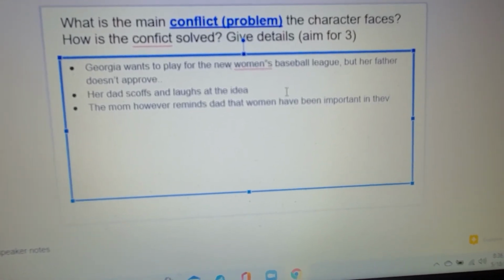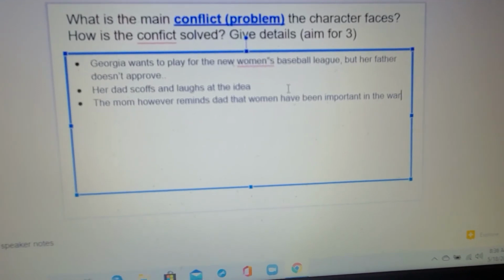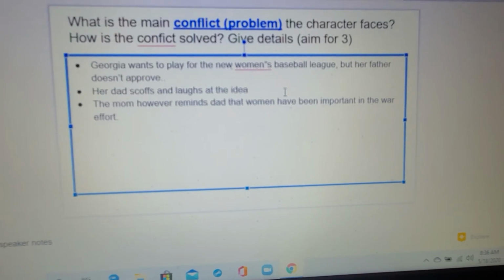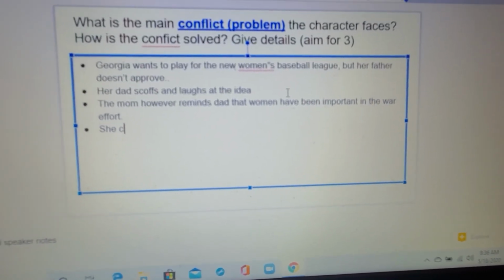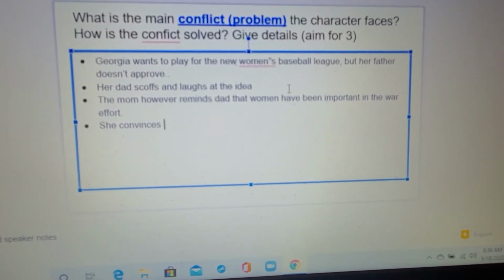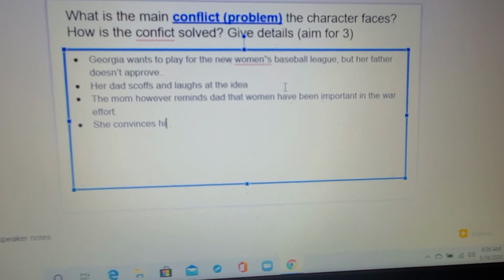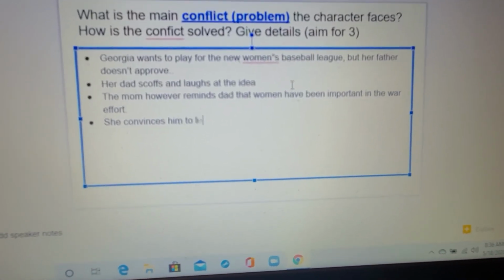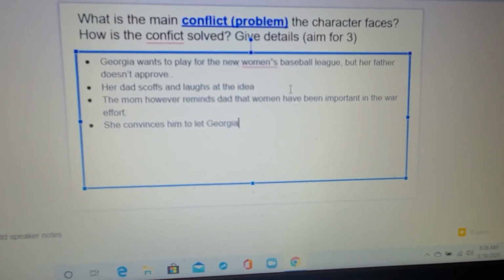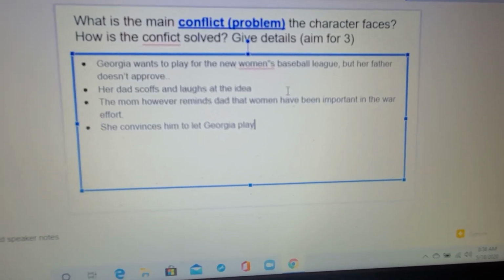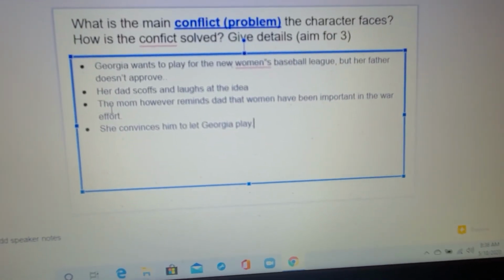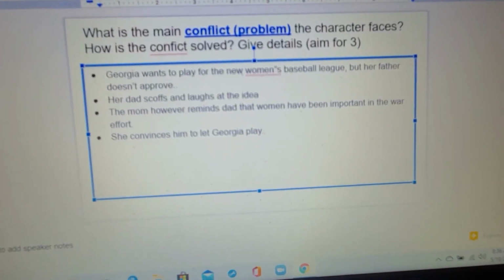And because of that, she convinces him to let Georgia play, which is exactly what happens. And there's more I could say, but that's kind of the idea of what you want to give, a general idea of how the conflict was solved. The more details, the better, guys.